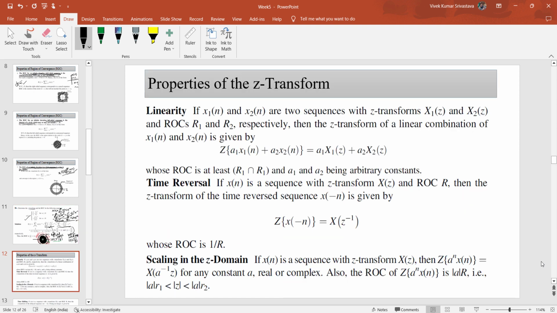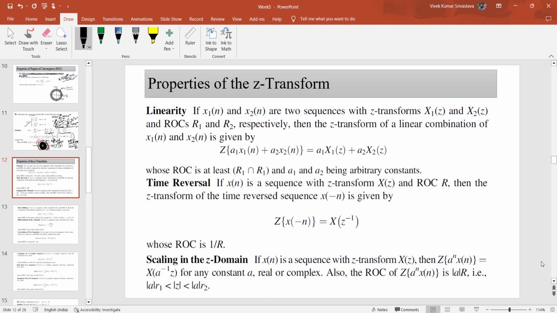Now moving ahead, here are the various properties of the z transform. The first property is the linearity property.